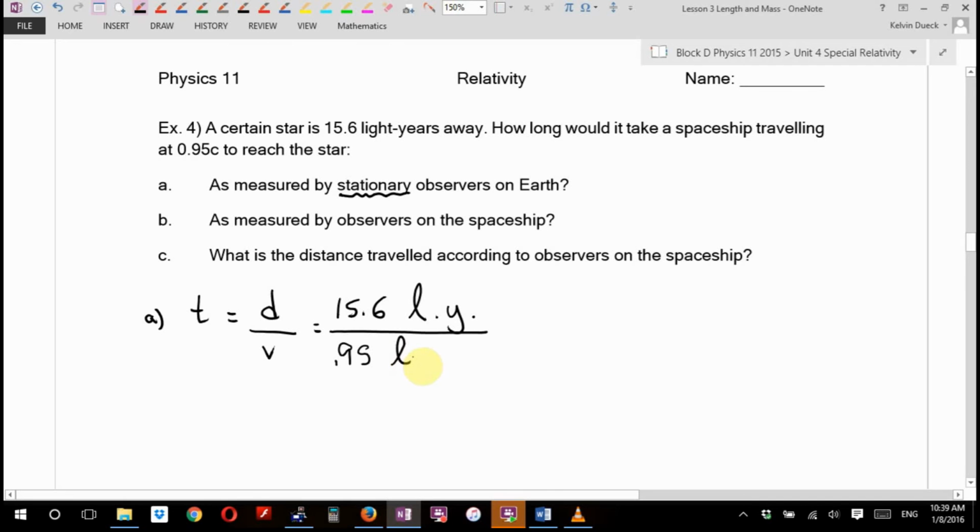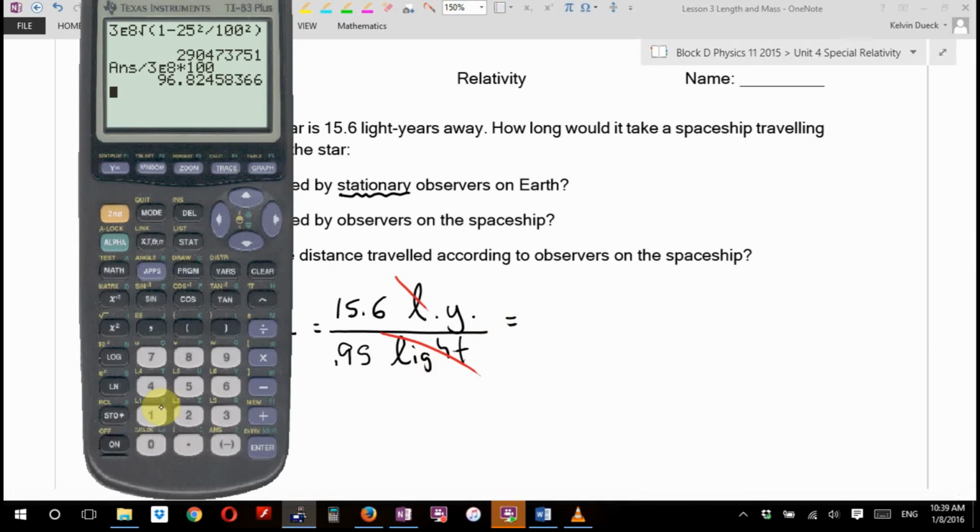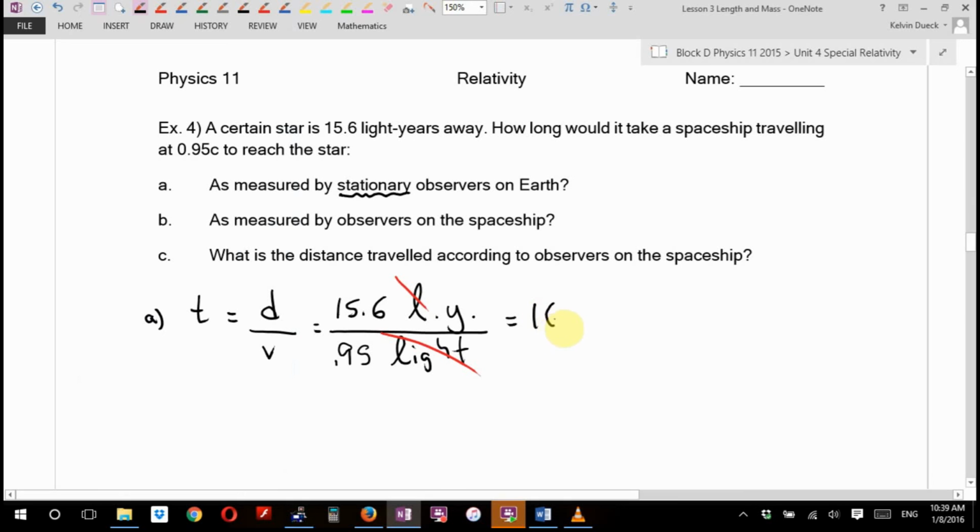Really, you can think about it as 0.95 times light. And what I want you to realize, Connor, is you're going to get an answer in years. It's really 15.6 divided by the percentage, and that tells you how long in years. That's not quite good unit analysis, but that is an okay way to think about it. As far as we're concerned, it'll take them 16.42 years. I'll carry a few extra sig figs.